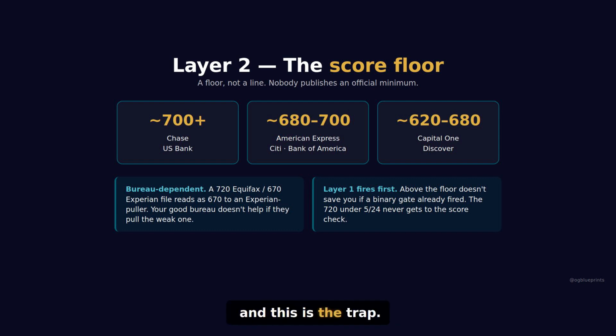Second, and this is the trap, being above the floor doesn't save you if a layer 1 gate already fired. Remember the ordering. That 720 sitting under 5/24 with a recent late payment never even gets to the score check. Layer 1 ended it first. The score floor only matters once you've cleared the binary gates above it.